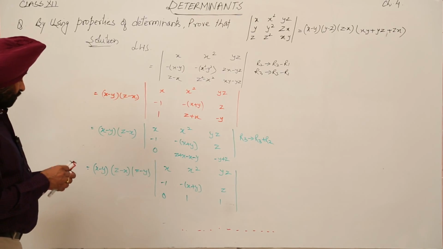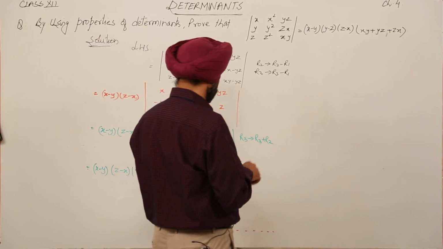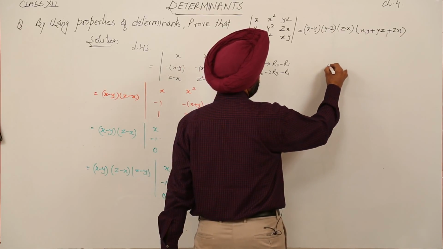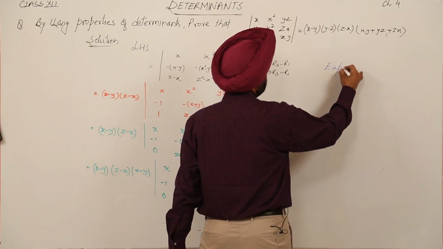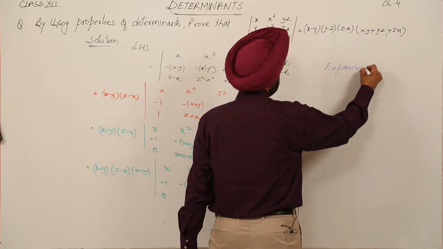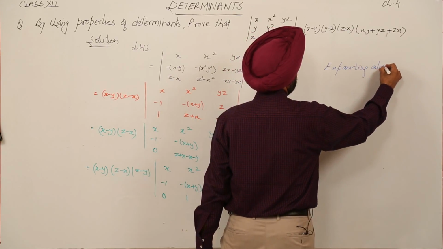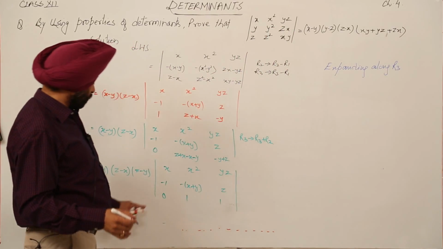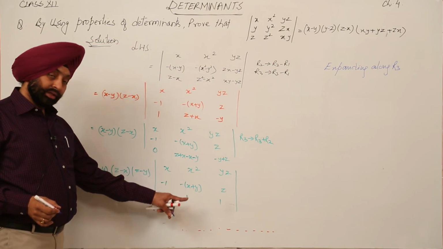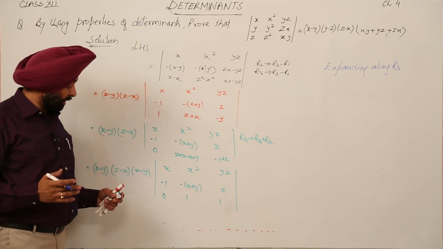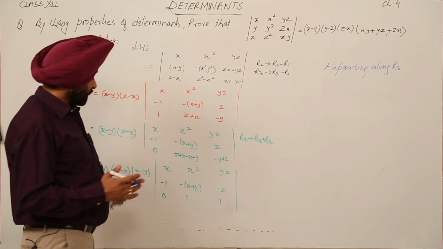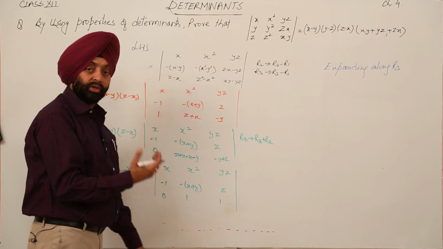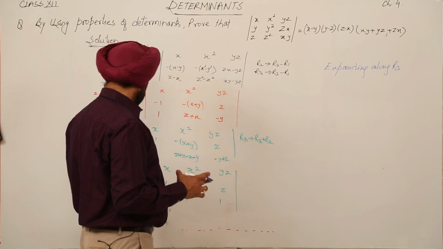Okay, now expanding along R3. Now in R3 we are having one term 0, the two here are 1 and 1, so let's expand it by R3. Okay, even you can use this part also, this minus this or this minus this, to make one more 0. Okay, so need not go for this.